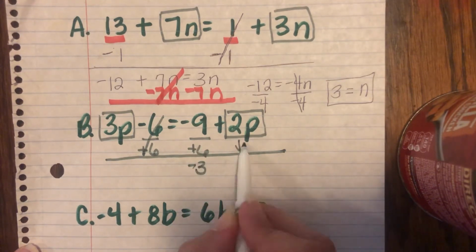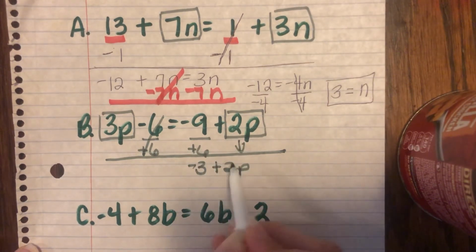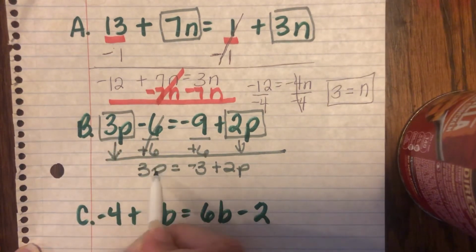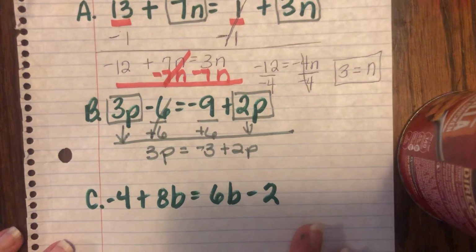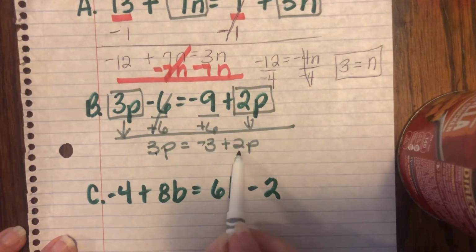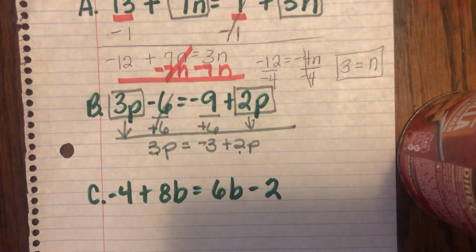I'm going to go ahead and bring all this down. I like to rewrite my steps. I show all my work. So now we have 3p and 2p. Now what does matter is, if I was to subtract 3p, I'm going to end up with 0 on that side. I don't want 0 on that side.